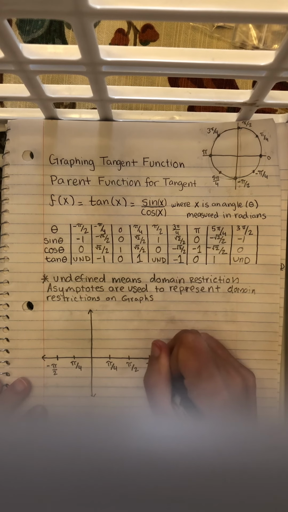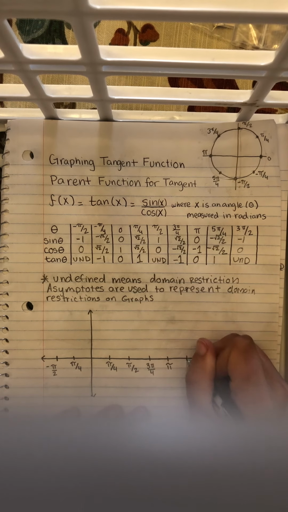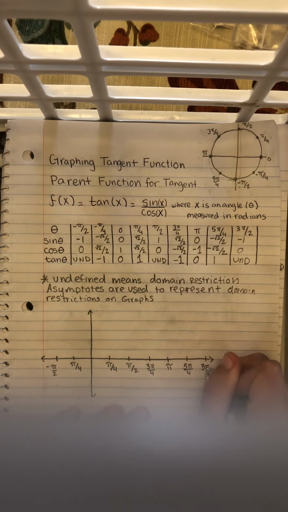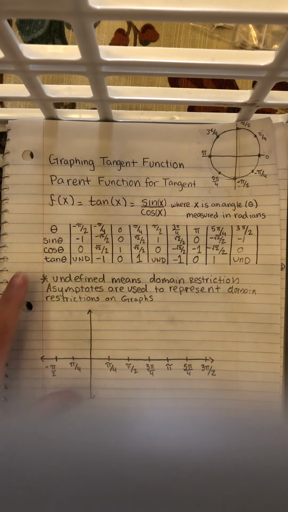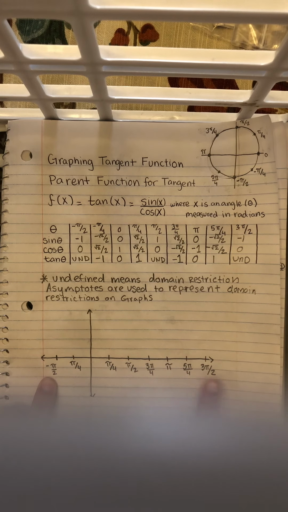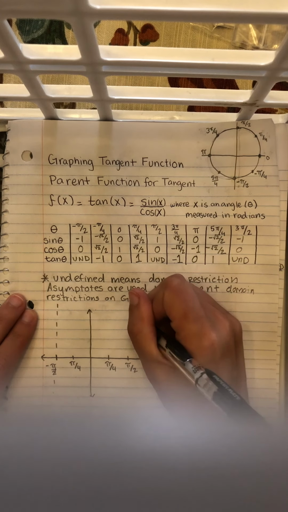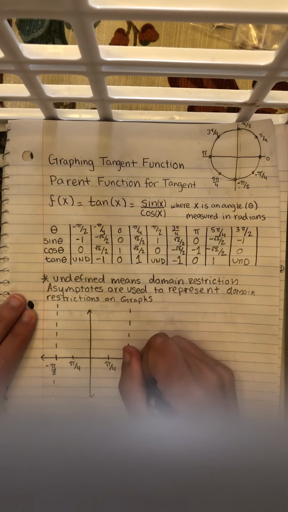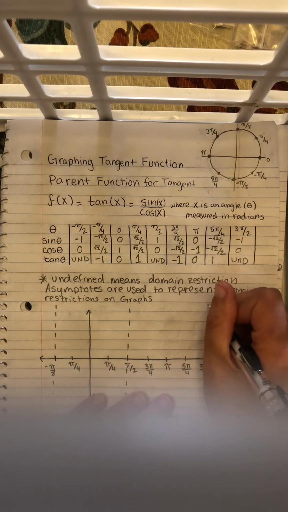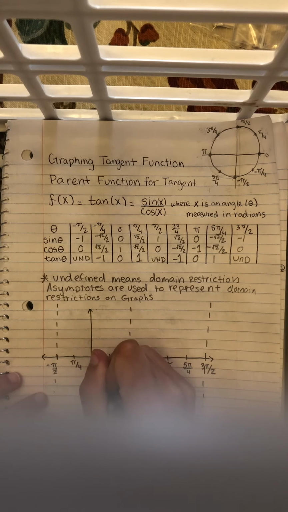That's my scale. And 3 pi over 2. I have vertical asymptotes at pi over 2, negative pi over 2, and 3 pi over 2. So vertical asymptotes. See, negative 1 and positive 1.